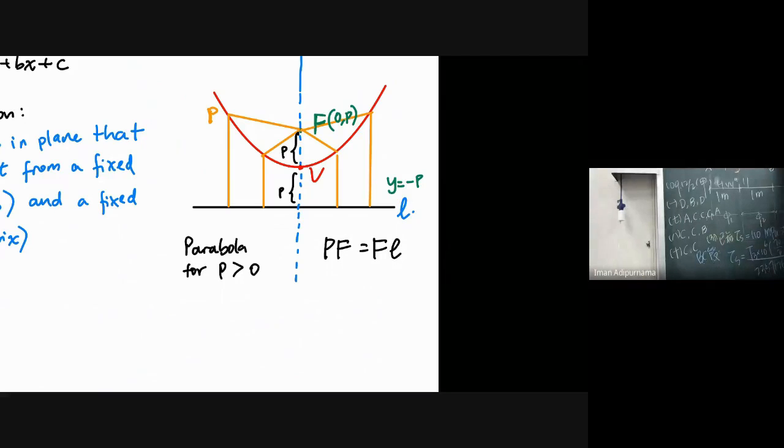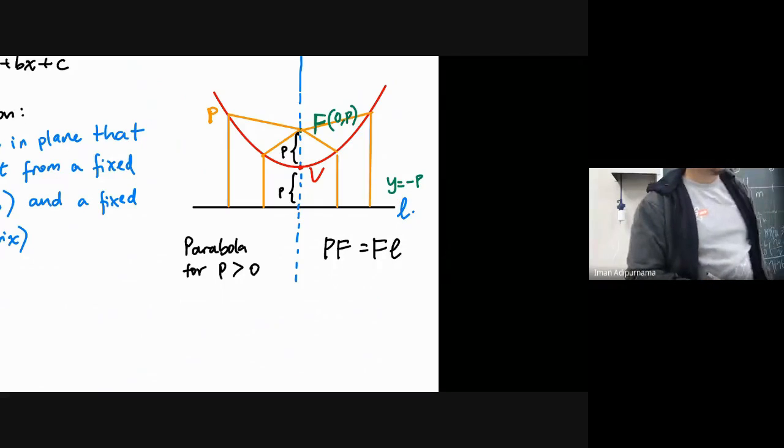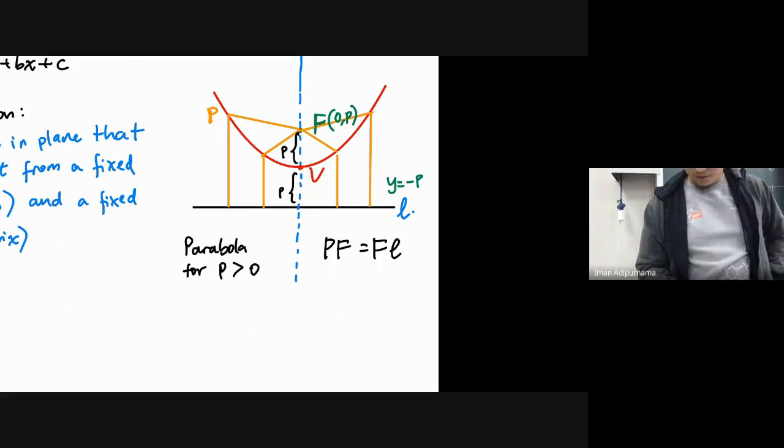If p is less than 0, then you just switch the parabola, and the directrix will be above, switching the negative to positive. So, parabola for p greater than 0.